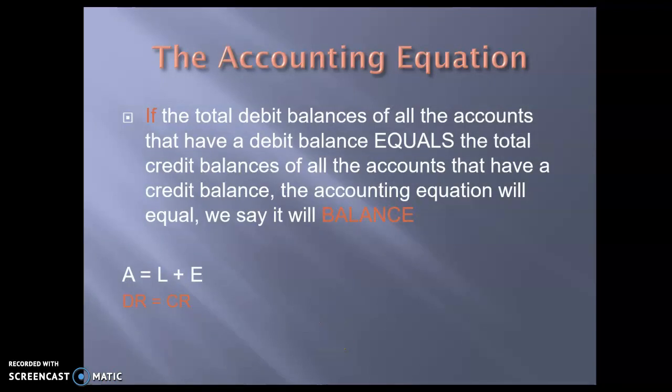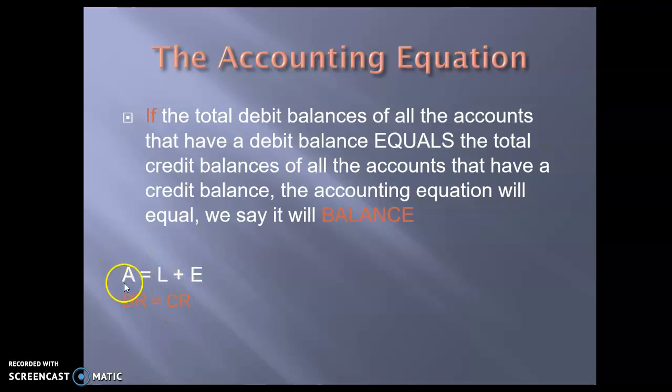Okay, now if we added all the debit balances of all the accounts that have a debit balance and totaled them up, then we totaled all the credit balances up, the total of all the debits should equal the total of all the credits.